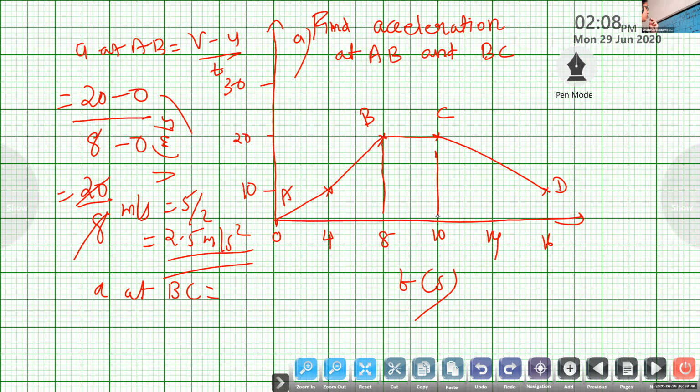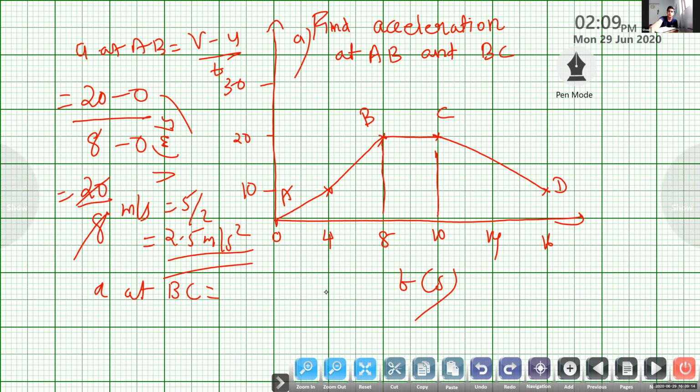Here, the Y-axis is velocity. So, velocity doesn't change. At 8 seconds it is 20, and at 10 seconds also 20. Will there be acceleration if velocity is not changing?